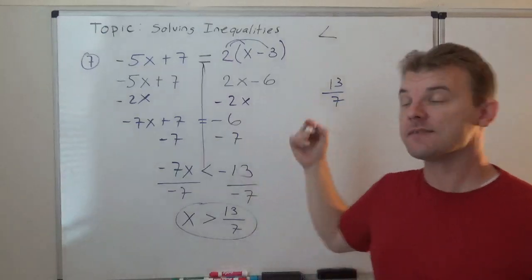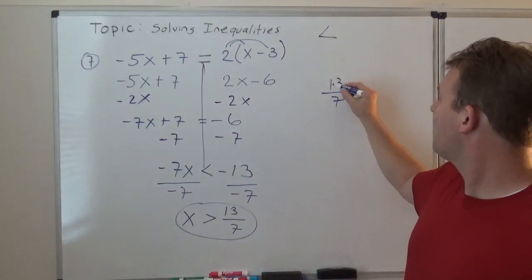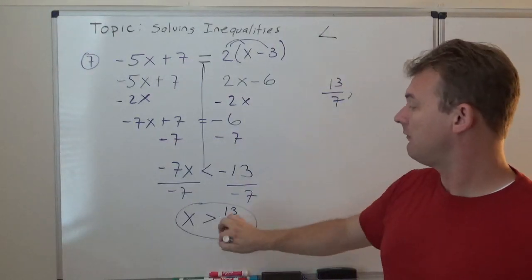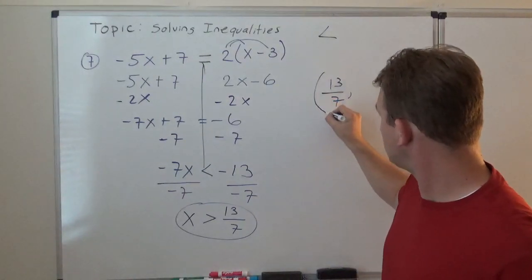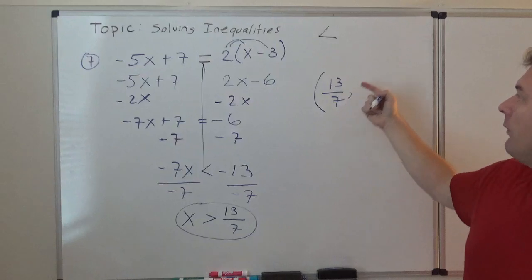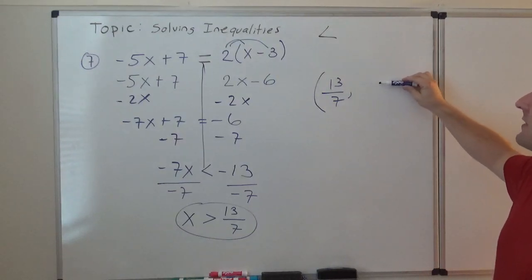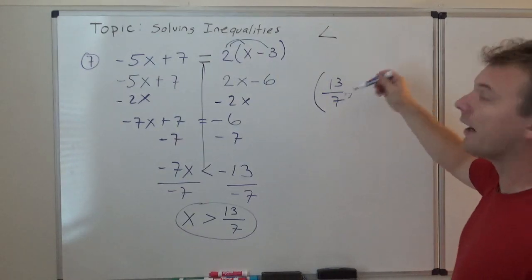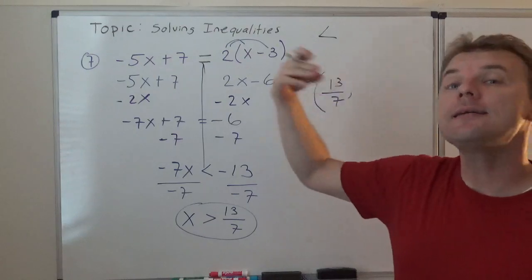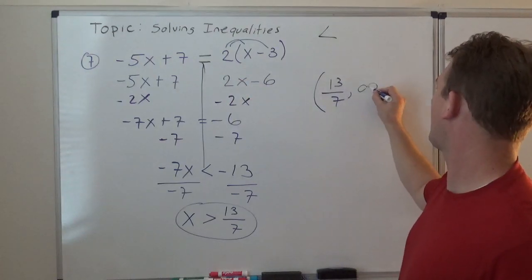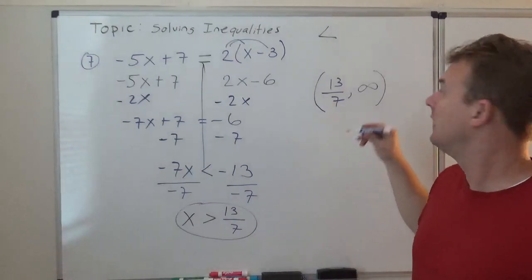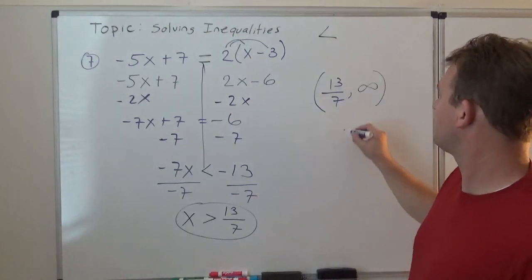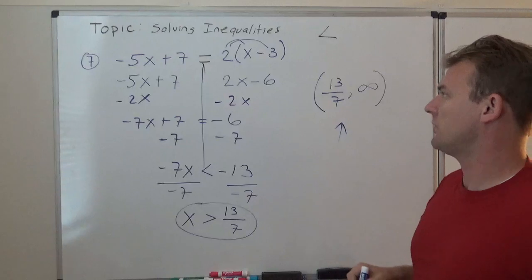We're going positive, so we can have more numbers. But we can't have it equal this. So we're going to put a parenthesis, and we're going to say we can have bigger than this fraction. So we can go all the way to positive infinity this time. And you can't include infinity. So there's your interval notation. All right.